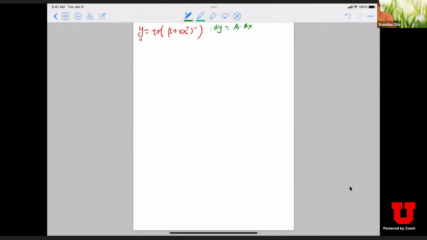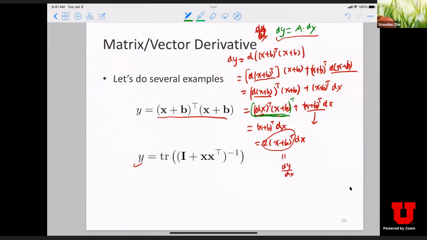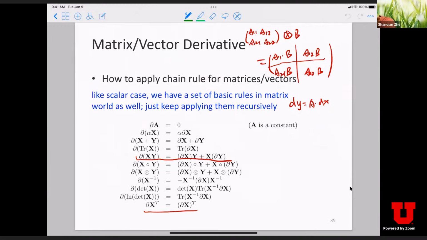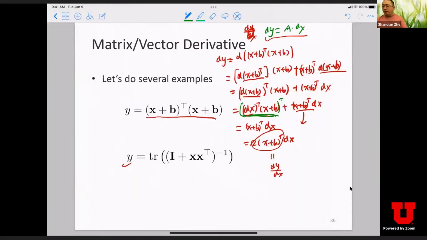So now let us try to derive dy. dy equals the trace of this matrix. Now just look at our dictionary. We know that the derivative of the trace of something is equal to the trace of the derivative of that thing, so we just move the derivative inside the trace.